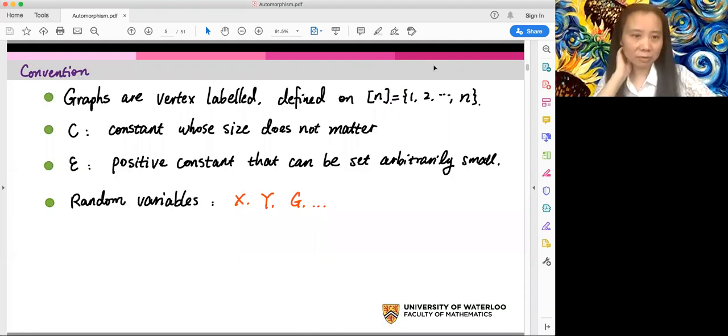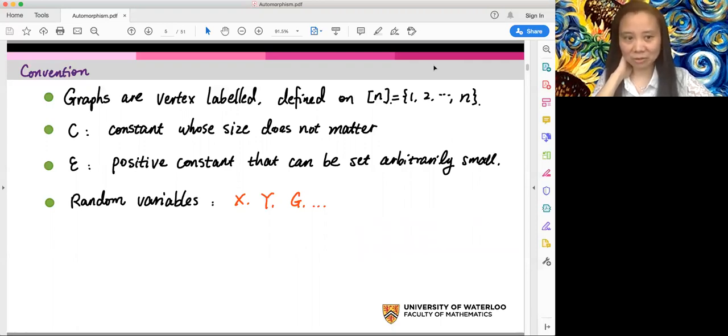Okay, before the talk starts, the way that I give talks, I always like to give some conventions of the talk. So the graphs that we are going to talk about today, they are all vertex labeled. So only labeled graphs, they are all defined on the same vertex set that is 1 to n. And whenever there's a C that appears as a constant, that just means a certain statement holds for some appropriate constant chosen there.